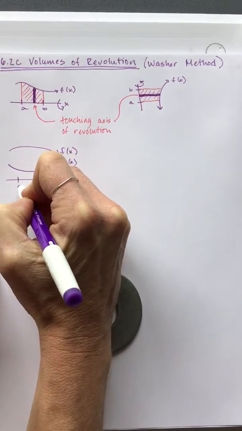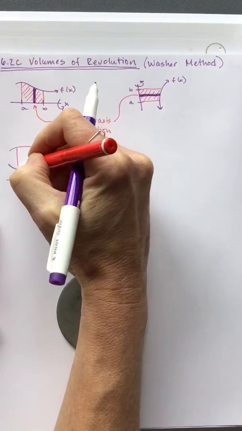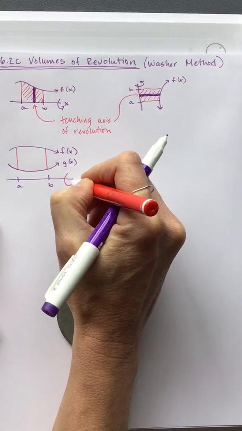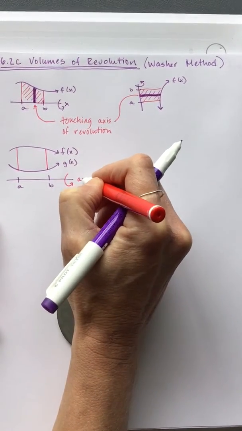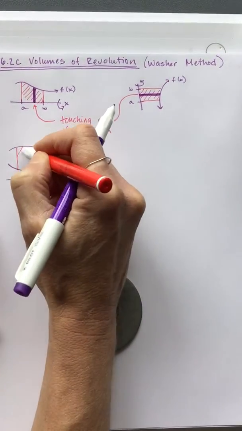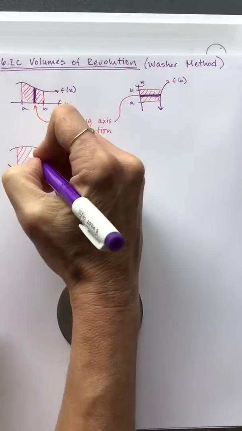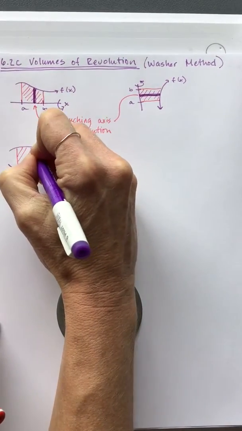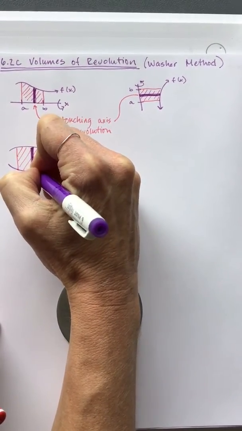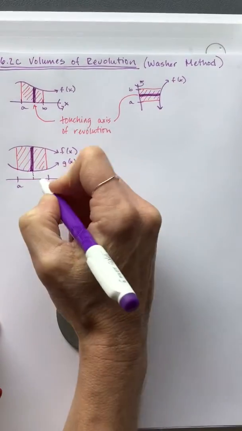And again, we still go from A to B. But now I'm taking this area and rotating it about this axis of revolution. And notice now we've got a space between our slice and our axis. There's a little space there.